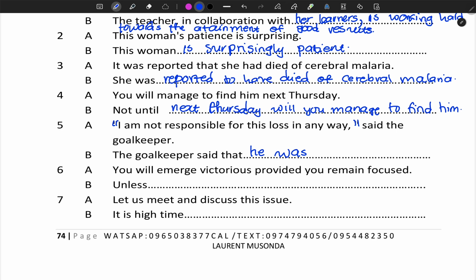So the goalkeeper said that he was not responsible for that loss in any way. This changes to that.